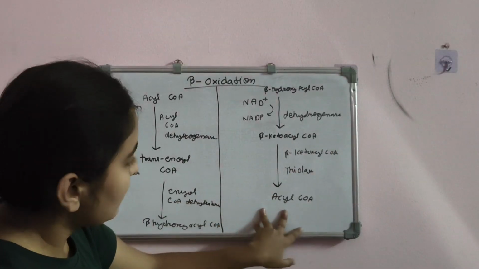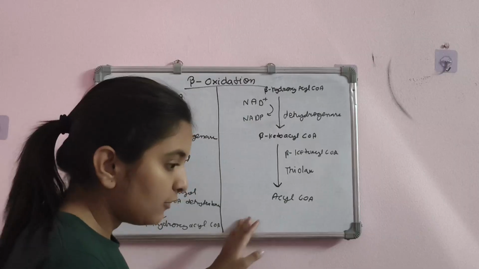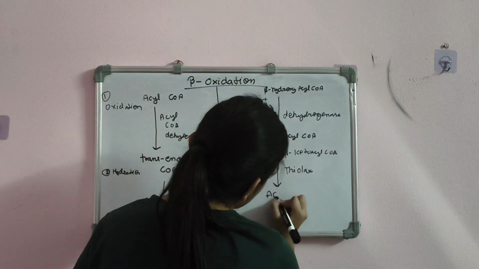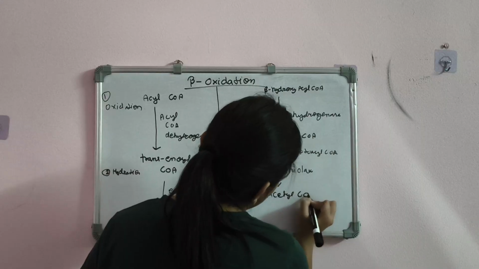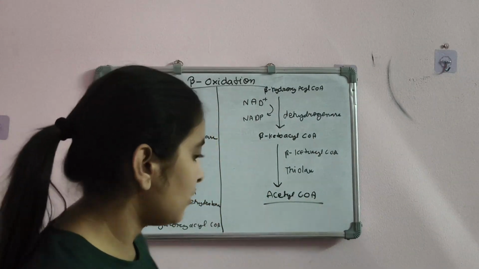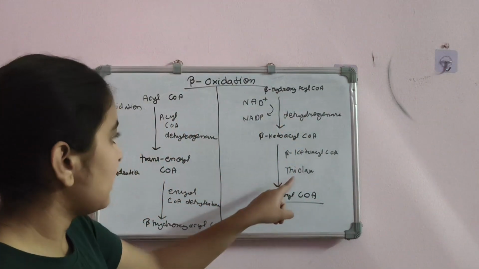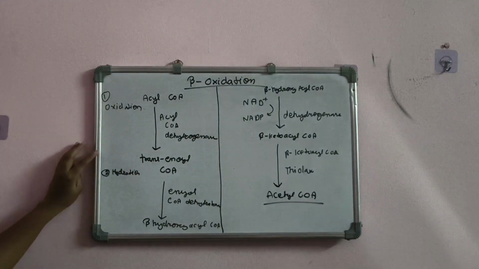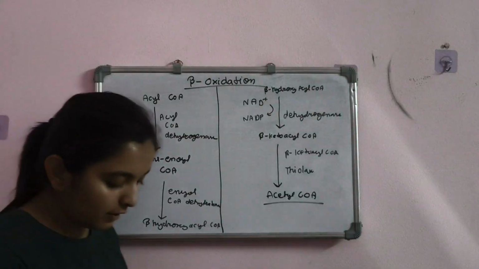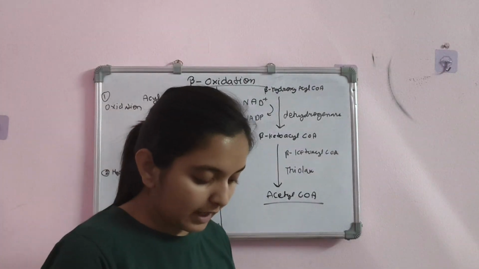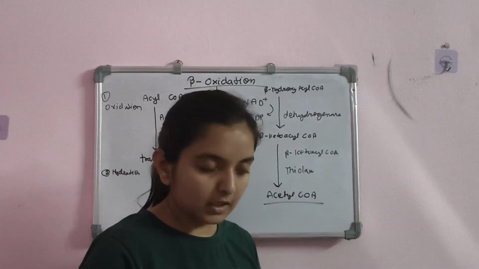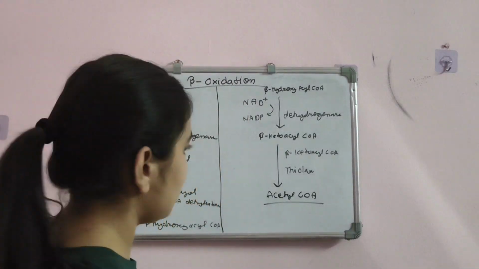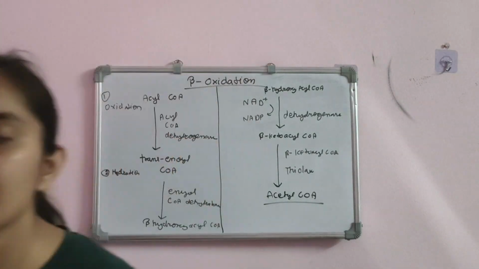And then it finally forms acetyl CoA, not acyl CoA, by the help of the enzyme thiolase. So this is basically beta oxidation. So now we have completed the fatty acid oxidation. Now we will see its energetics and its regulation. So these two things are remaining. So yeah, let's do that.